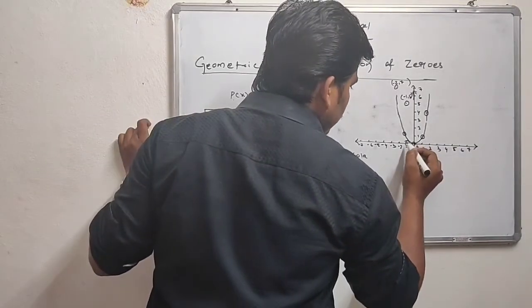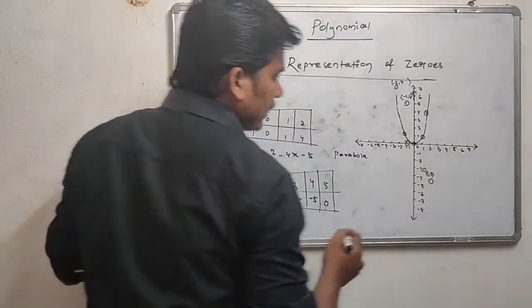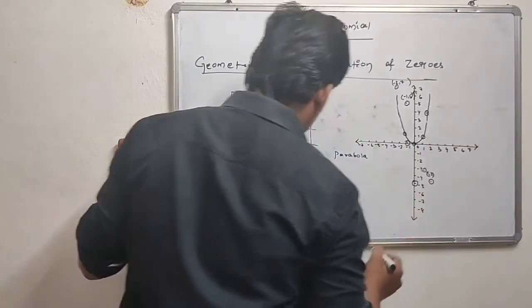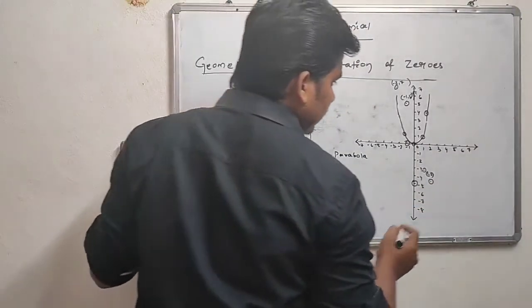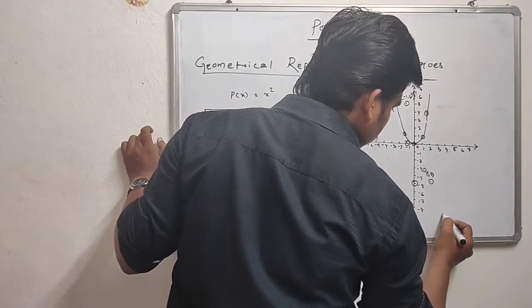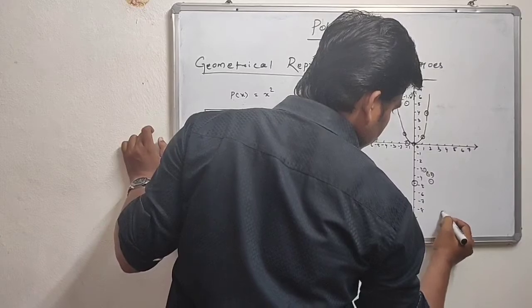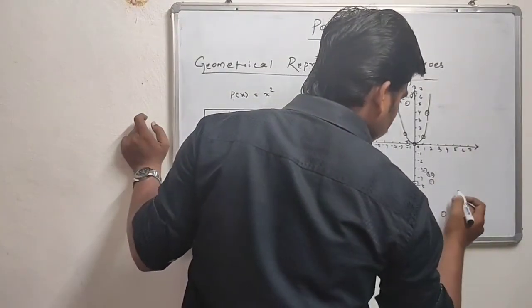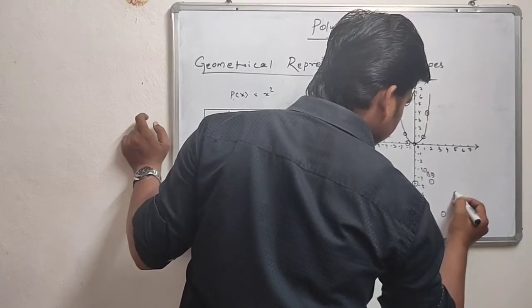This will be minus 1, 0. Next, 0, minus 5. This will be 0, minus 5. Next, 3, minus 8. This will be 3, minus 8. Next, 4, minus 5. At 4, this will be minus 5.